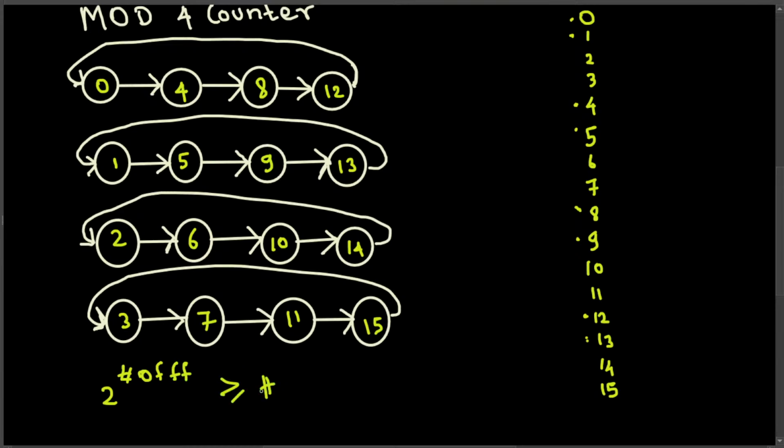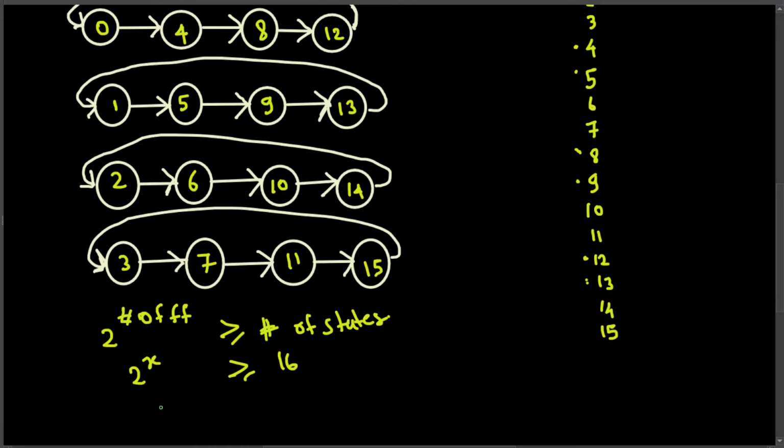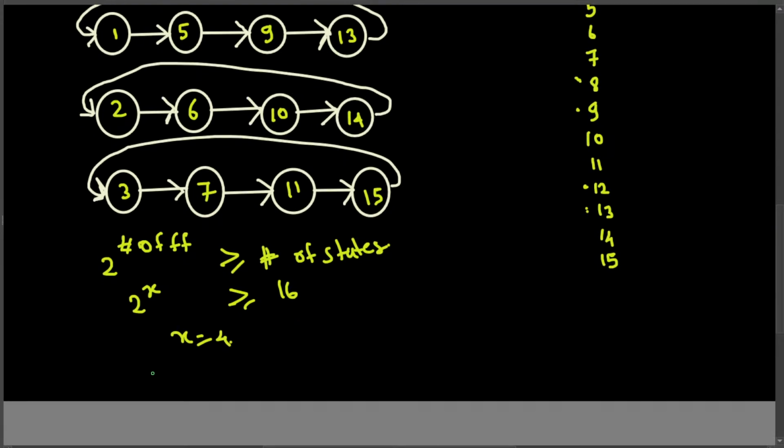It depends on the number of states. In this case, we have 16 states, so 2 to the power x gives us 16 when x is 4. So x is equal to 4, and we have to use 4 flip-flops. Here I'm going to use SR flip-flops and see how to do that.